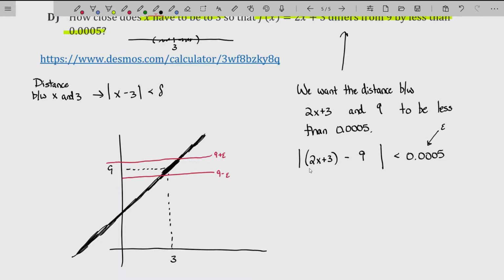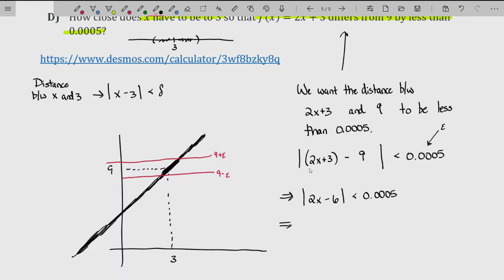Now, here's the really cool thing about this. If you just do a little bit of algebra, and as I tell my students all the time, arithmetic before algebra, algebra before trig, trig before pre-cal, pre-cal before calculus. So, a little bit of arithmetic here. This is 2x plus 3 minus 9, so it's minus 6.